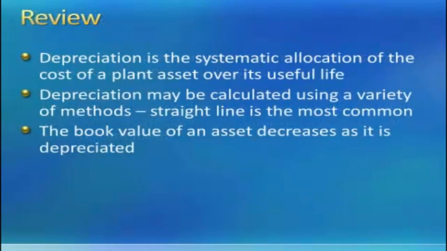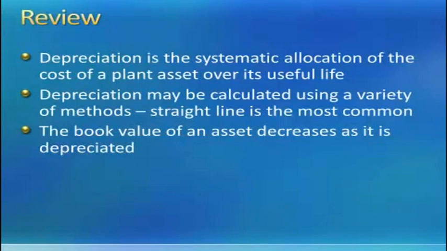In review, depreciation is the systematic allocation of the cost of a plant asset over its useful life. Depreciation may be calculated using a wide variety of methods, but straight line is the most common. The book value of an asset decreases as it is depreciated. One thing that we haven't mentioned here is that book value does not attempt to match market value.